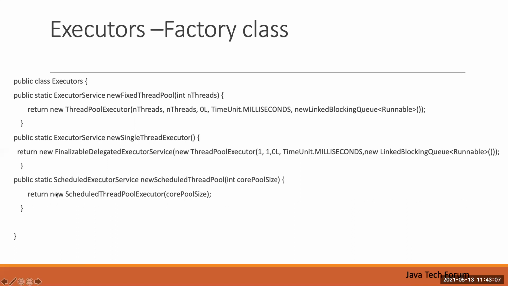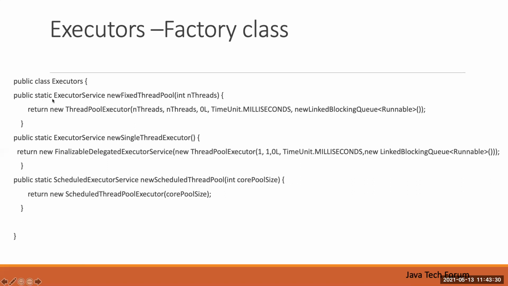This factory class is a kind of abstraction, without knowing in detail which constructor is used or any of those things. I can simply get the thread pool instance by invoking one of these methods. Most factory classes define the method as static, so there is no need to create a separate instance of the factory class.